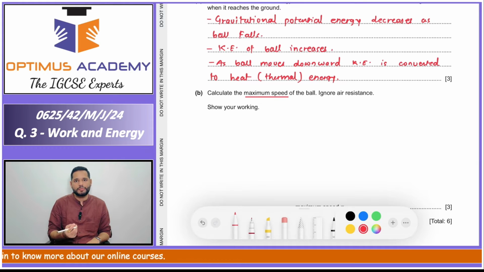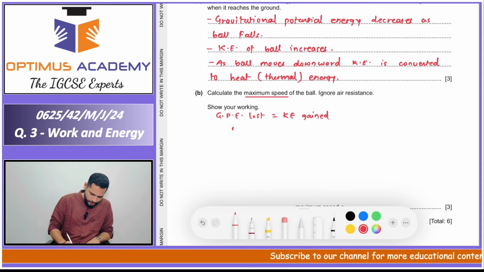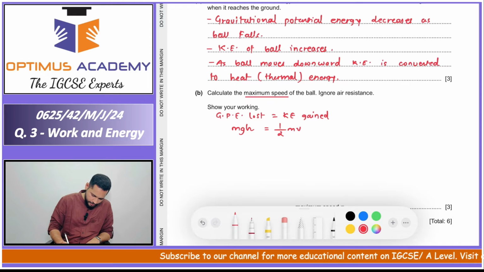So we know that as the ball is falling, we will assume that its gravitational potential energy is converted into kinetic energy. So we can say that GPE lost is equal to KE gained by the ball. Formula for GPE lost will be mgh and KE gained is half mv square.